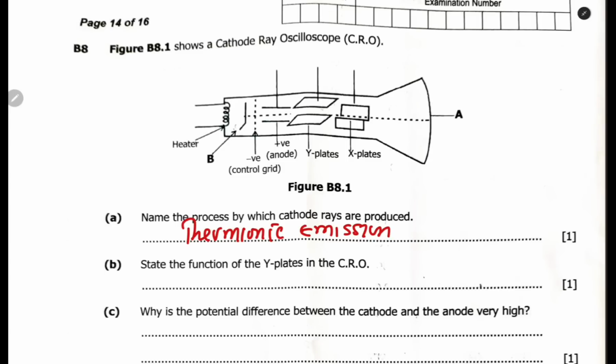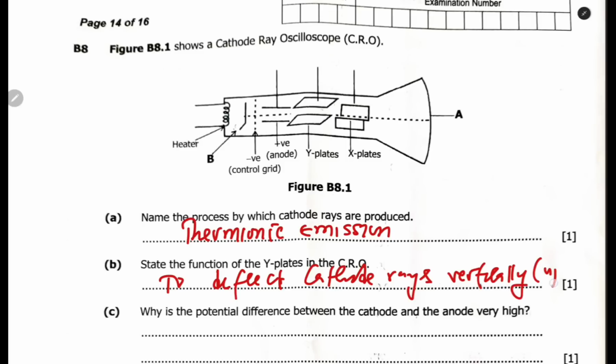Now the function of the Y plate: as the electrons are moving here, it deflects them up and down. So we can say to deflect the cathode rays vertically, or up and down.